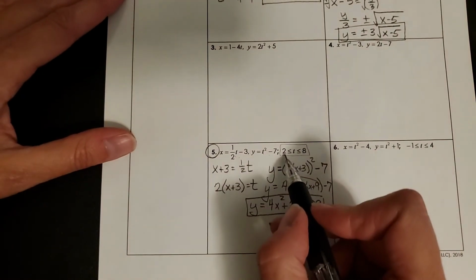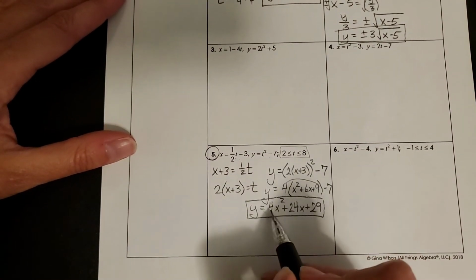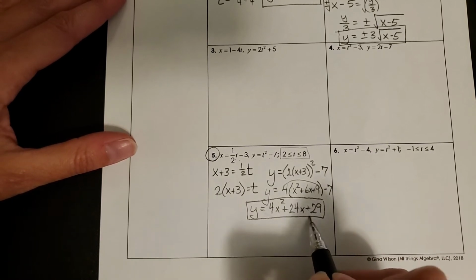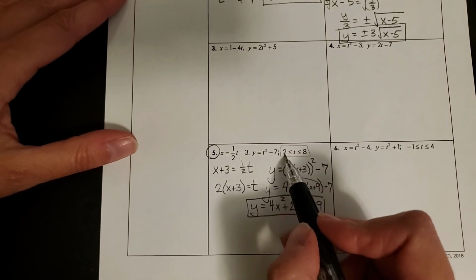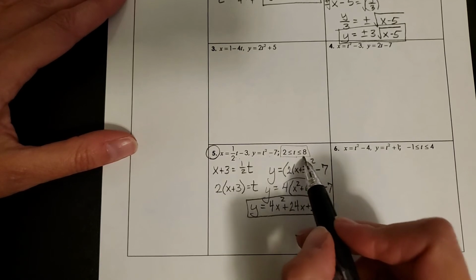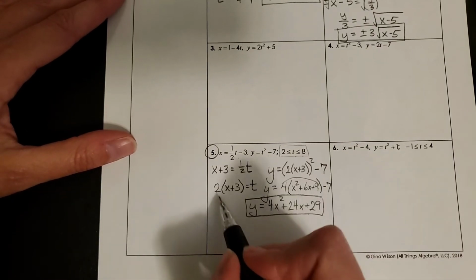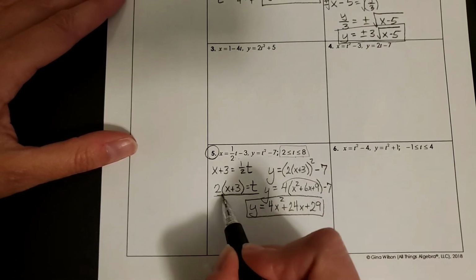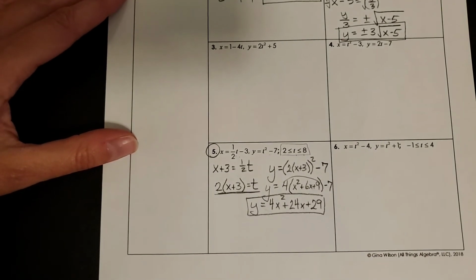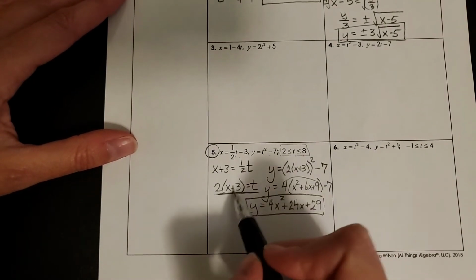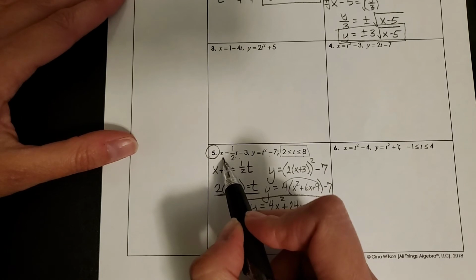Now, I need to somehow get the x values, the domain for x, based off of the fact that I wanted t to be greater than or equal to 2 and less than or equal to 8. Well, here's a formula for t. In terms of, actually, I don't want that form. I want this form. Back to x.